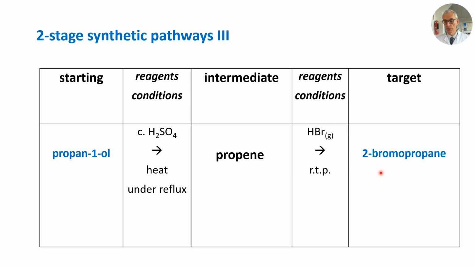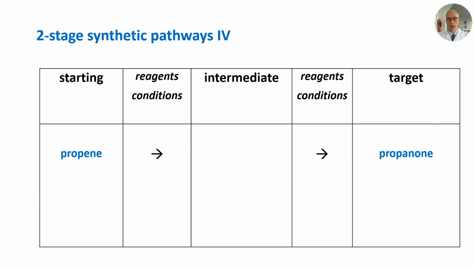Correct your work. Let's move on to problem number 4. So starting with propene, our target molecule is propanone. Pause, come up with an intermediate and the reagents for stage 1 and stage 2. Check your answer when you are ready. Okay, I'm about to reveal.